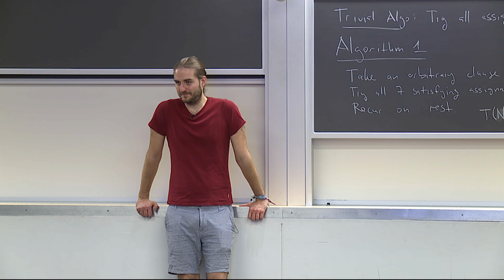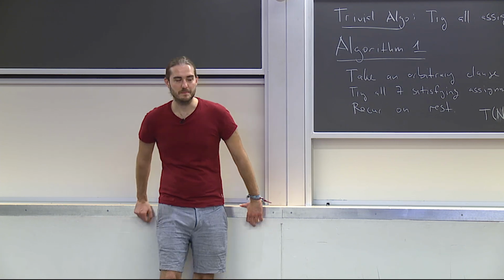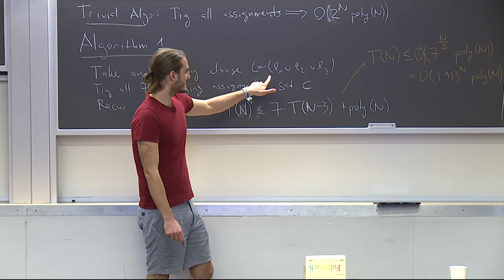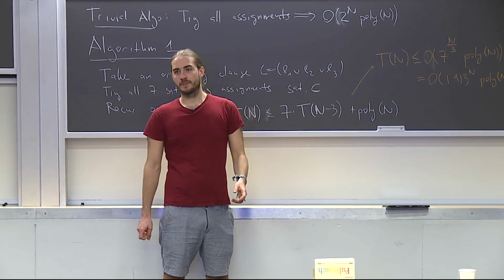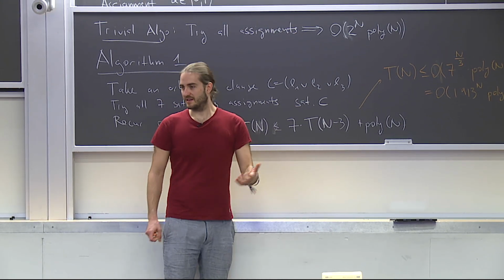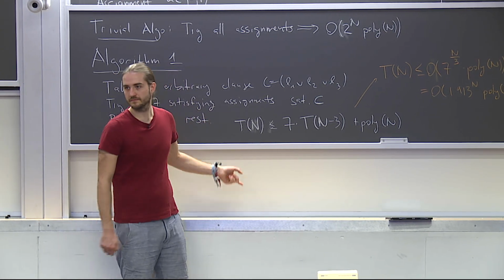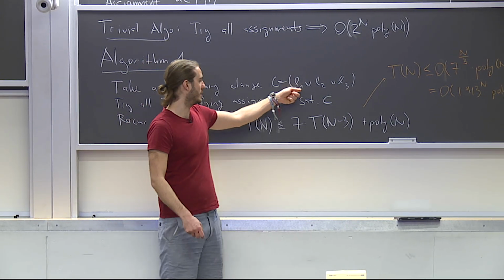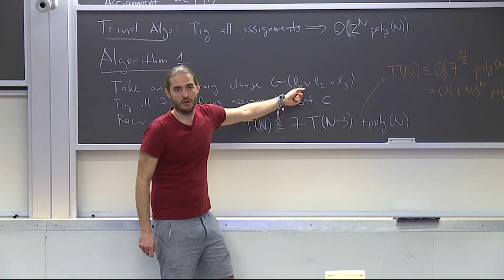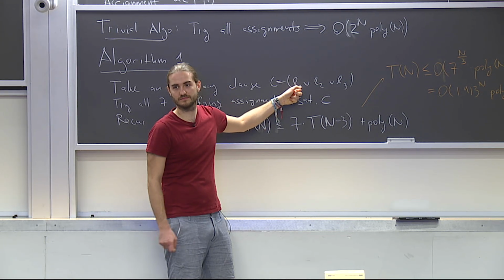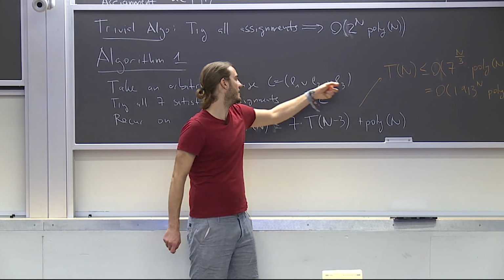No ideas? OK. So here's another idea. Well, we want to guess one satisfying literal, but let's not guess an arbitrary one. Let's guess the first satisfying literal in the clause. There's only three options. Either L1 is satisfying, or L2 is satisfying and L1 is not satisfying, or L3 is satisfying and the other two are not.